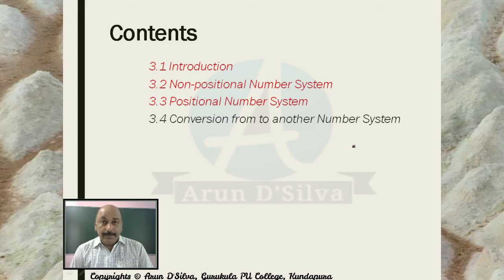That is, we took the integer part and the fraction part separately. For integer, we used to divide successively by 2. For fraction, we used to multiply by 2. In a similar way, we learnt binary to decimal conversion.